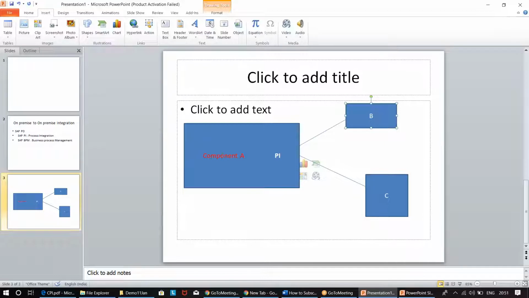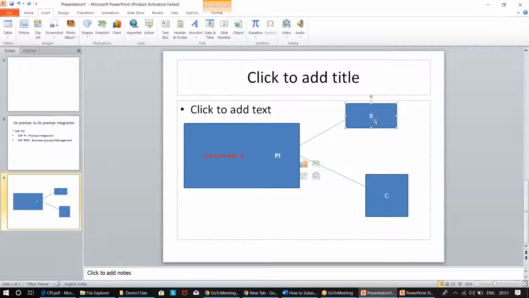If component A and component B have to communicate, it will be through PI. A will send a request to PI, both in the same landscape, and it will pass it to B. One thing is for sure: whenever we have PI in your own customer landscape, transactions are safer.